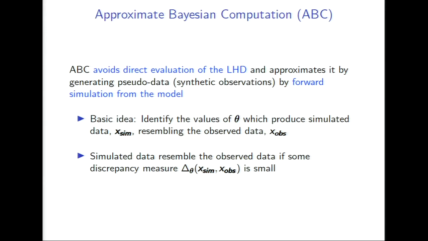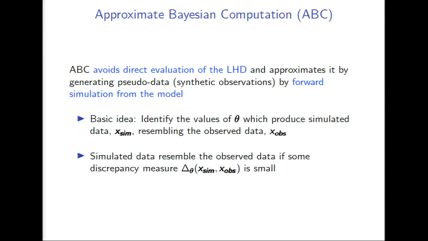So what is ABC? Well, first of all, what ABC allows you to do is avoid direct evaluation of the likelihood and still be able to calibrate the model or do model selection. And we do this by using the feature of the model, which is its ability to be forward simulated.